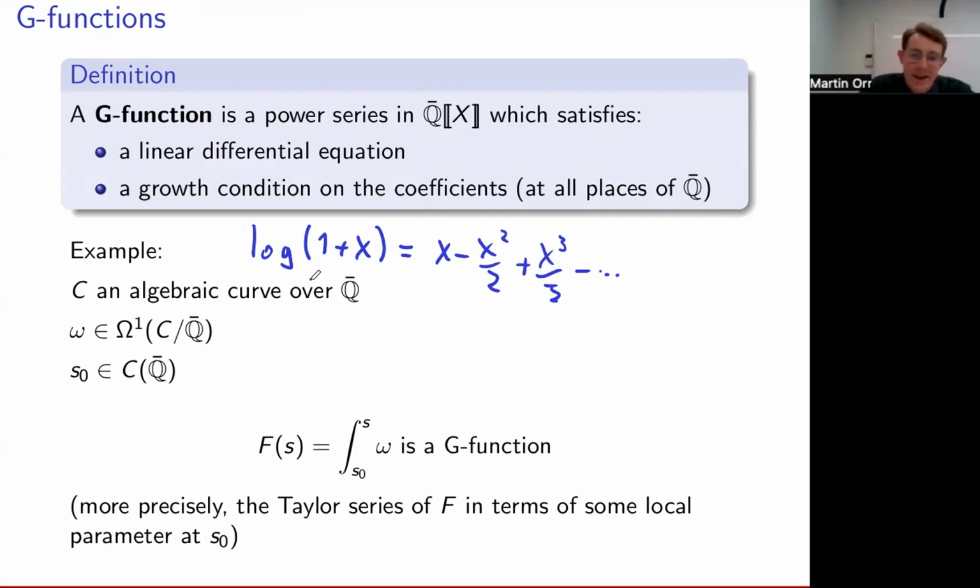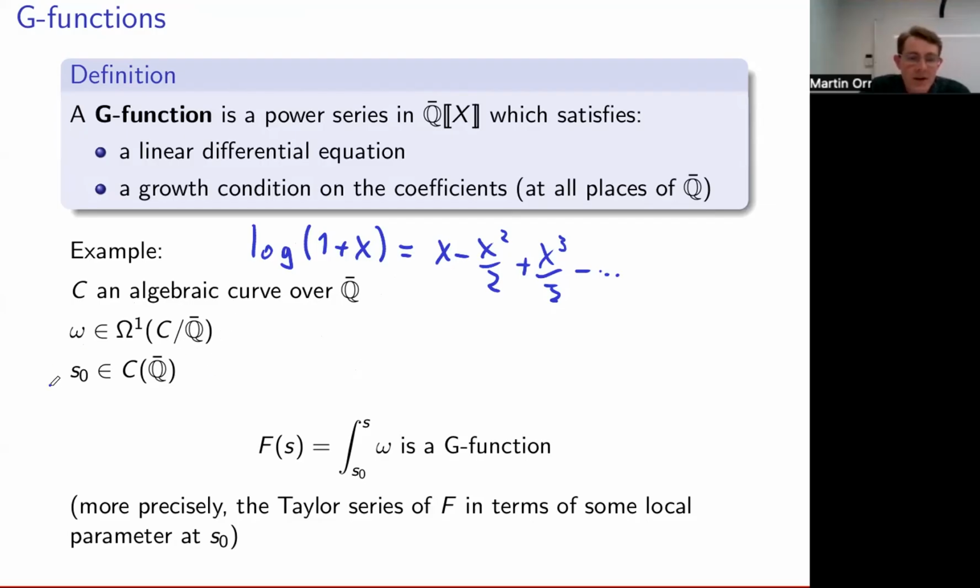And a much more general class of examples, which I suppose includes this one, is that if you consider an algebraic curve defined over Q bar, you take some differential form. So if you wanted to get log, you take dx over x, I think.